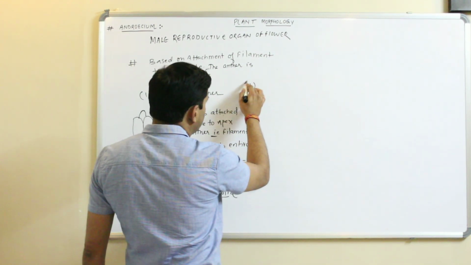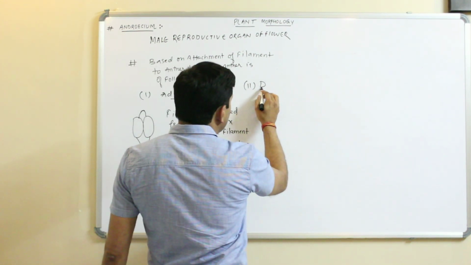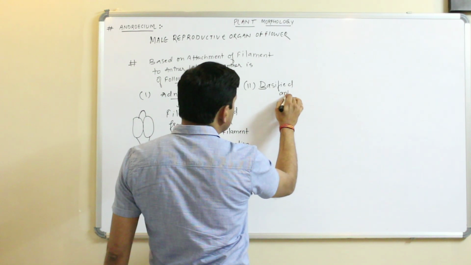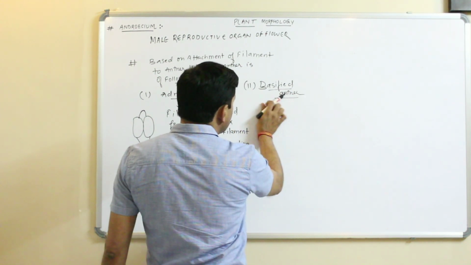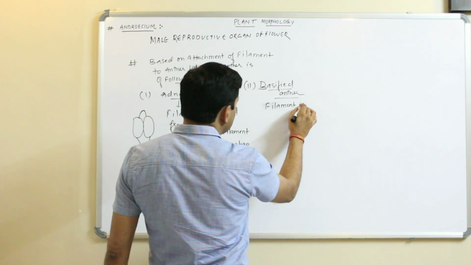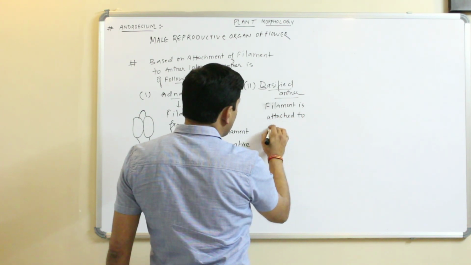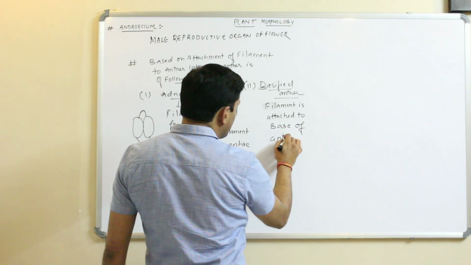Coming to the second one, that is the base fixed anther. What is a base fixed anther? The filament is attached to the base of the anther.